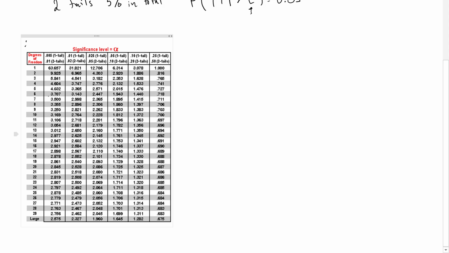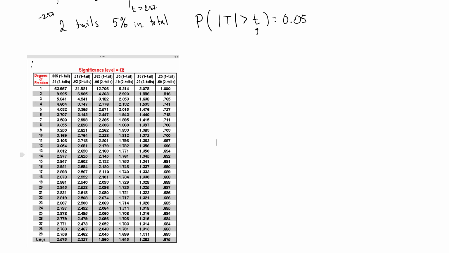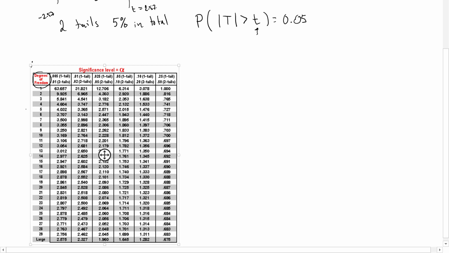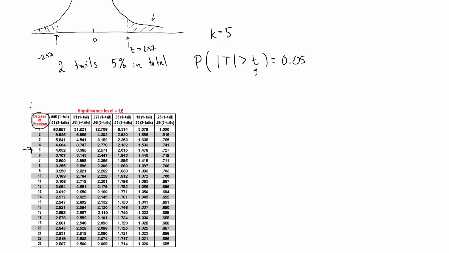You can find the same probability using a table. So you look at degrees of freedom and we have 5, so it's this particular row, and then you look at the probability. We have 5% in both tails, that is 2.5% in each tail, so it's precisely this one.